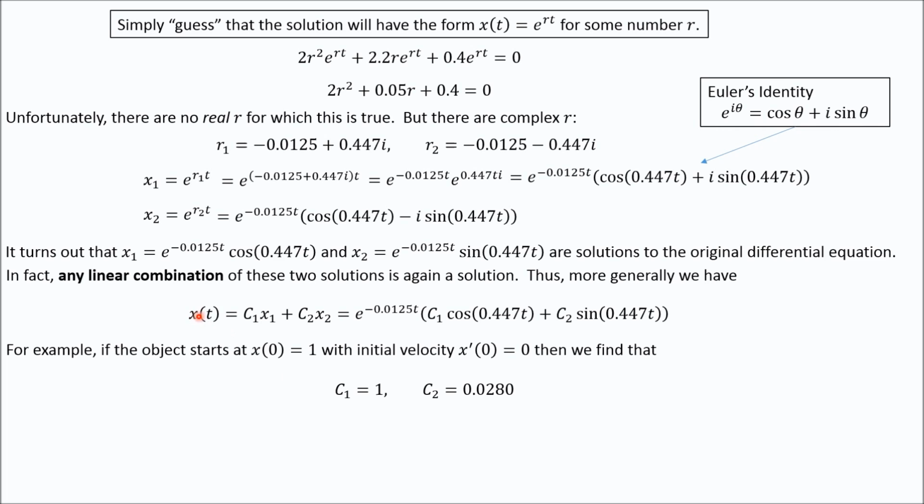You would define x of t to be this expression with c1 and c2, and then you do that same NSolve thing that I did on the previous problem. So you end up getting these two values for c1 and c2, and so this becomes your solution to this initial value problem.